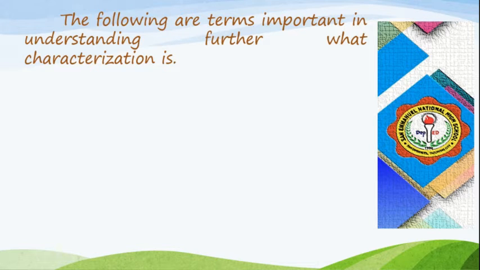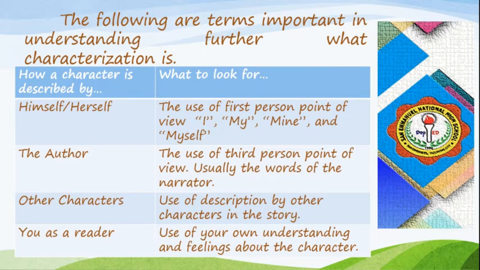The following are terms important in understanding further what characterization is. You need to bear this in mind and take note: how a character is described and what to look for. First, by himself or herself. What to look for? The use of first-person point of view, which is I, my, mine, and myself. Second is the author.